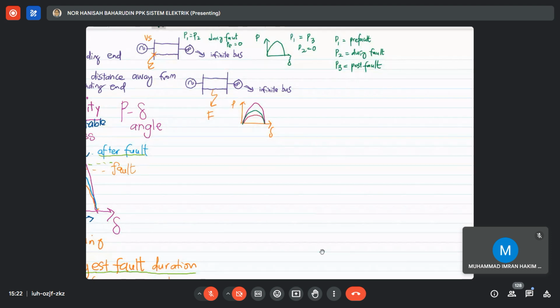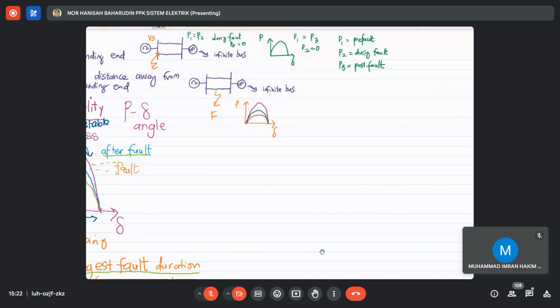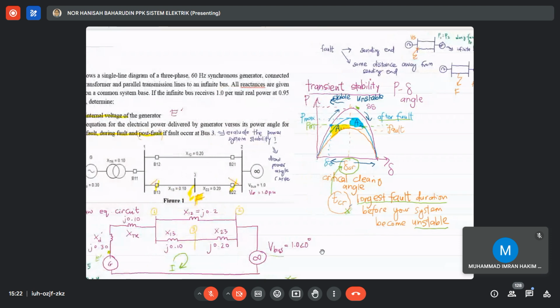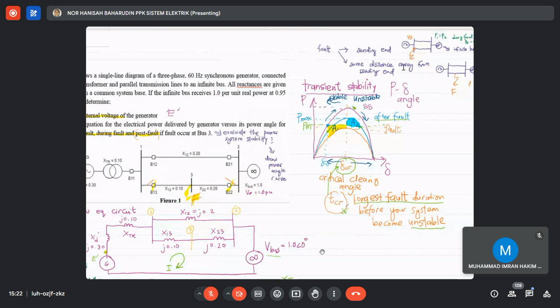I hope you can understand the difference between the sending end and some distance away from the sending end. So for this case, since the fault occurs some distance away from the sending end, you are going to have these three types of power angle curve for three different conditions.